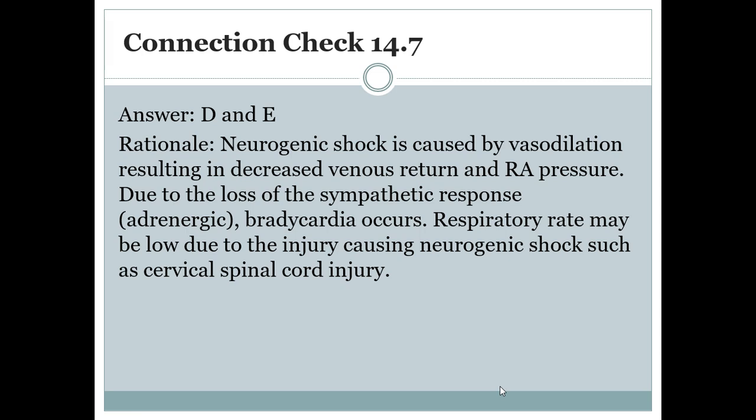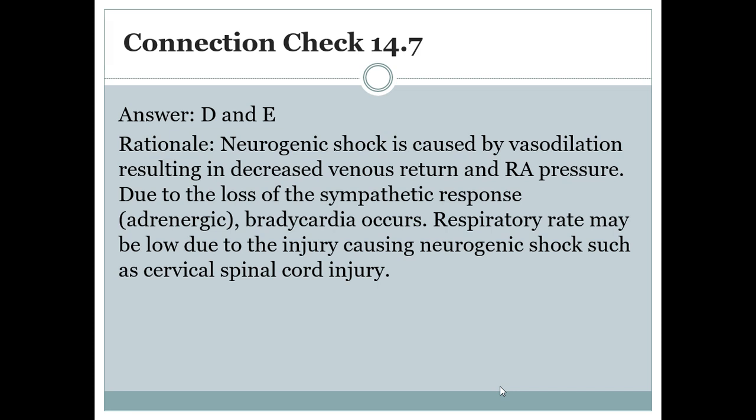So neurogenic shock is caused by that vasodilation, resulting in decreased venous return and right atrial pressure. So neurogenic shock is seen in severe brain or spinal cord injuries. So these causes lead to increased cardiac output via increased heart rate, or SV, in response to tissue hypoperfusion from extreme vasodilation and increased permeability, which is our low systemic vascular resistance.